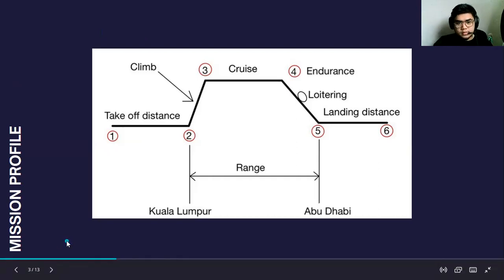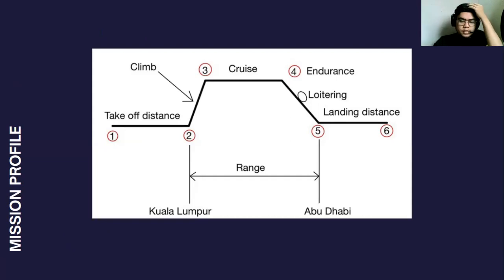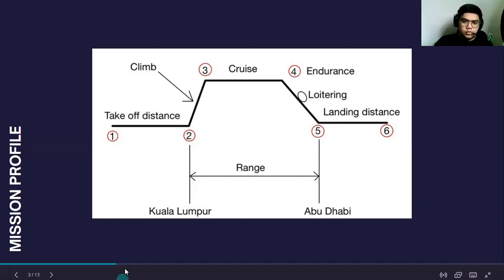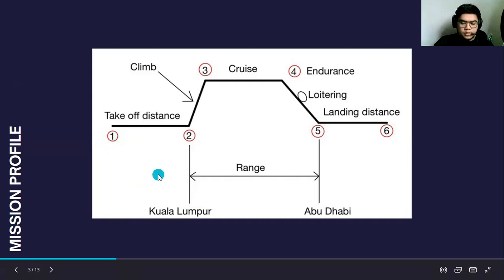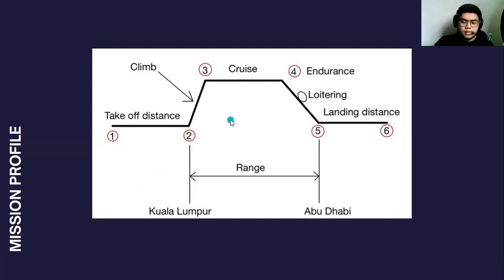In this assignment, as I mentioned earlier, the Cessna Citation X was chosen to do a mission traveling from Kuala Lumpur to Abu Dhabi. In this mission profile, there are basically 6 checkpoints that I will assume. For the first to second points, I will calculate the takeoff distance, and second to third point, I analyze the climb rate.